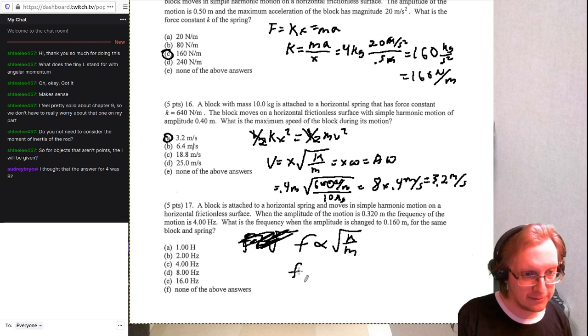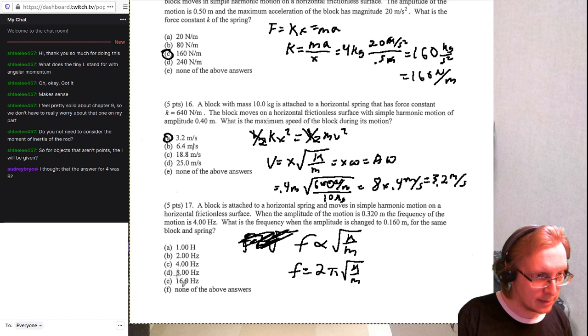I believe f is 1 over 2 pi times the square root of k on m. There's an equation sheet for that. Notice that the amplitude does not play a part in the formula for frequency. So that means the frequency is unaltered from 4 hertz.